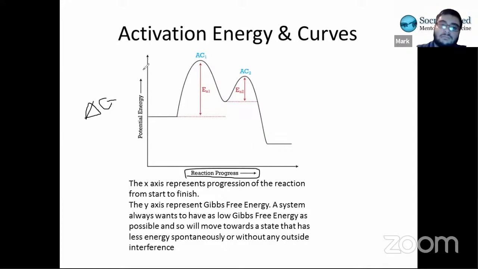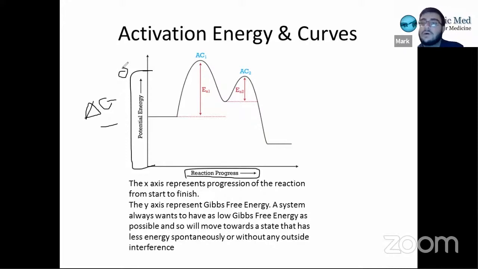Likely, most of this, at least up until this point, is actually a negative value. So 0 would probably be somewhere here, maybe even higher, right? Everything might be negative, right? And the more negative the delta G value is, the more favorable it is, right?